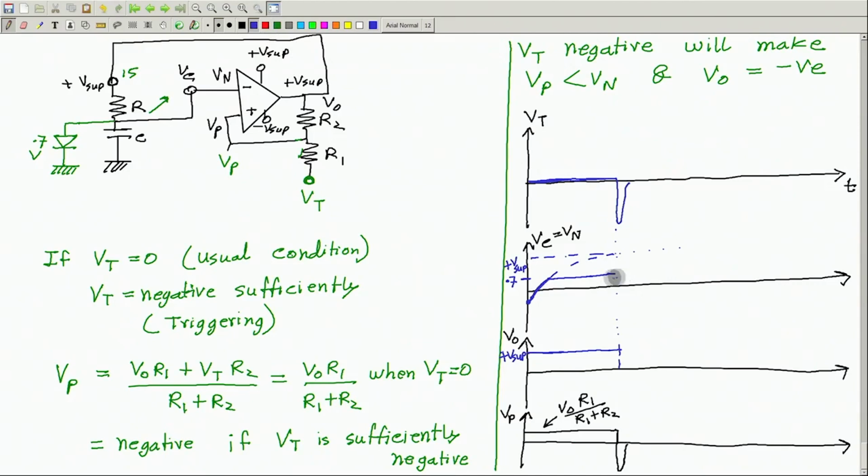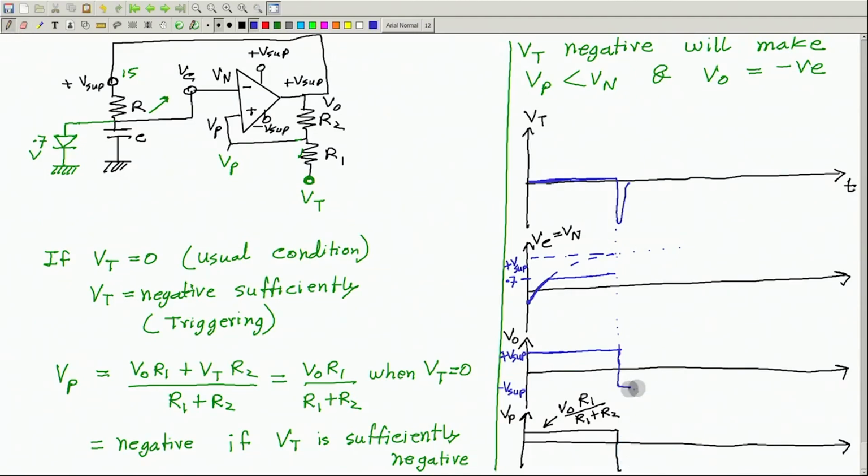So here Vn is positive, Vp is negative. This will cause the output to go to negative V supply. Right. So the output will go to negative V supply, and let me just erase this a bit.